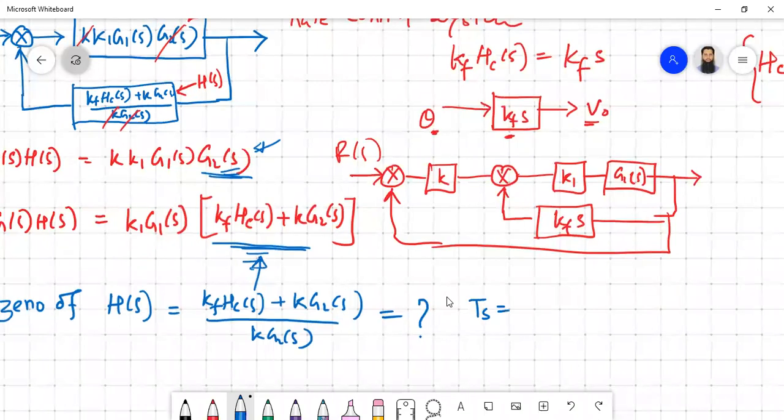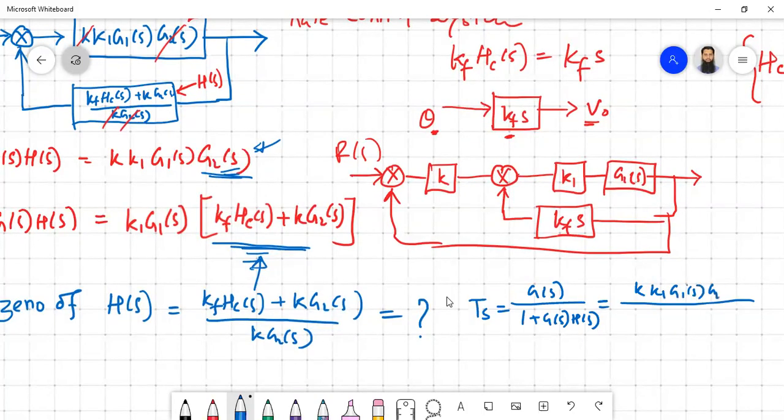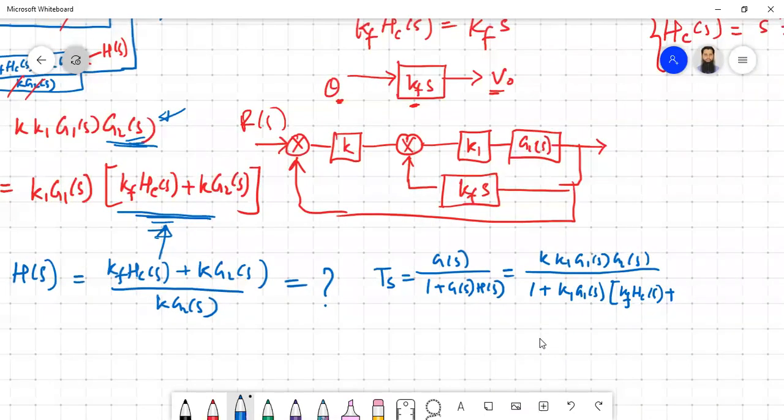Closed loop transfer function is G of S divided by 1 plus G of S H of S. Okay, so we already know what is G of S. So it is basically K1 G1S G2S, and the multiplication of 1 plus G of S H of S is also K, K1 G1S, then you have KF HCS plus K G2S.